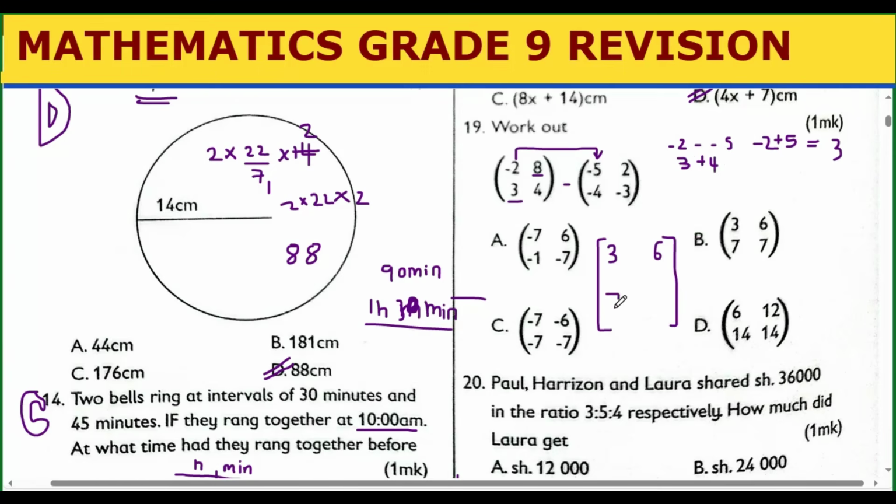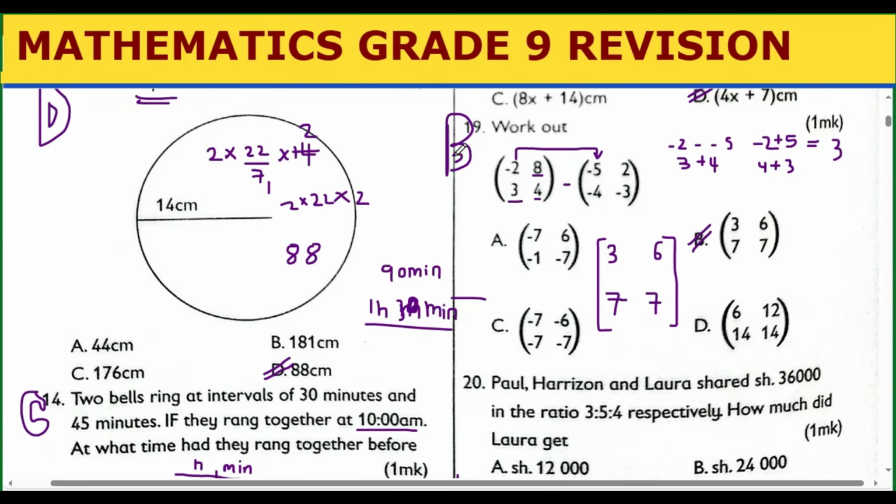You write 7 here. Then we go next. 4 minus 3 is 4 plus 3, so 4 plus 3 is 7. So you write 7. So this is the correct answer. Can you see it? 3, 6, 7, 7. It is here. B for best score.